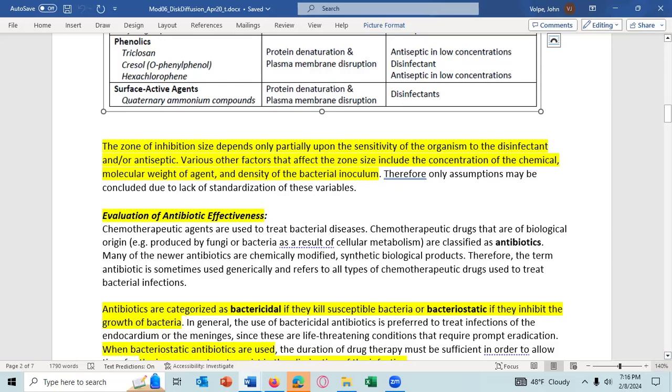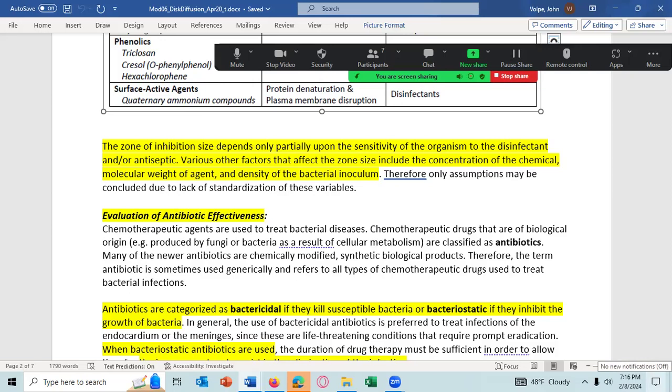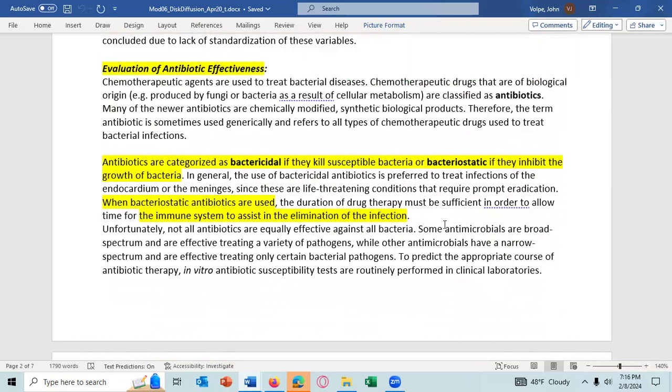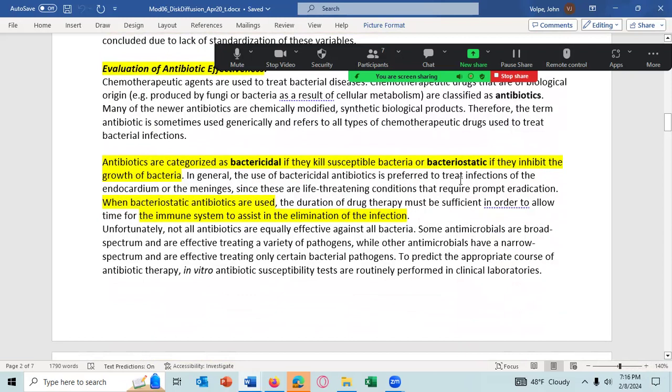All right, when talking about the evaluation of antibiotic effectiveness, we can say an antibiotic is bactericidal if it kills the bacteria. On the other hand, if the chemical only inhibits the bacteria's growth, we call it bacteriostatic. And if you remove a bacteriostatic agent, the bacteria may continue to grow.